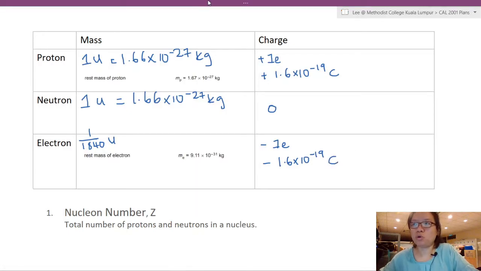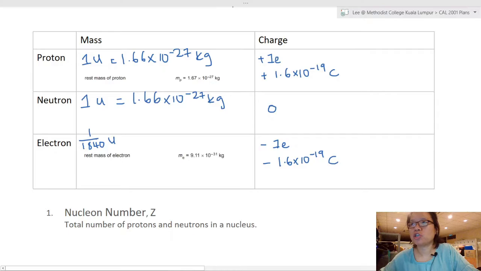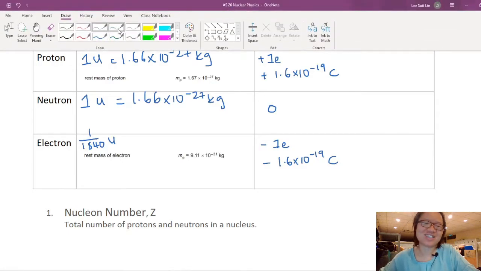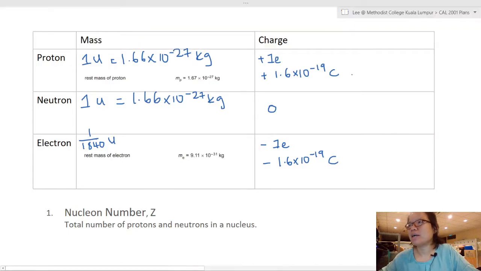As far as we know, charge is quantized. Quantized here means your value of charge must be in multiples of 1.6. It cannot be like 1.7 or 0.8, not possible, okay? So quantized here means it has to be multiples of 1.6.